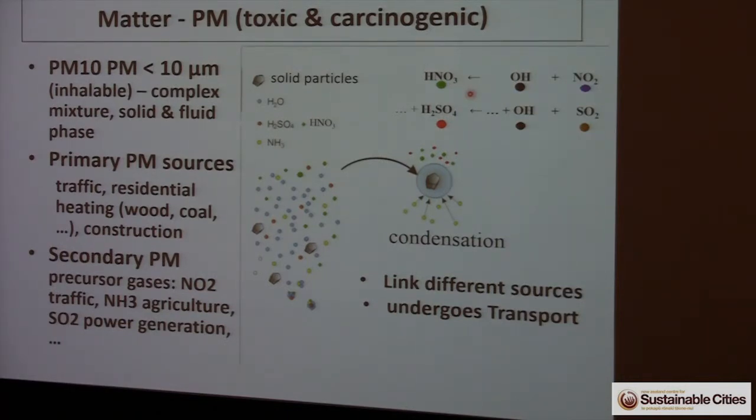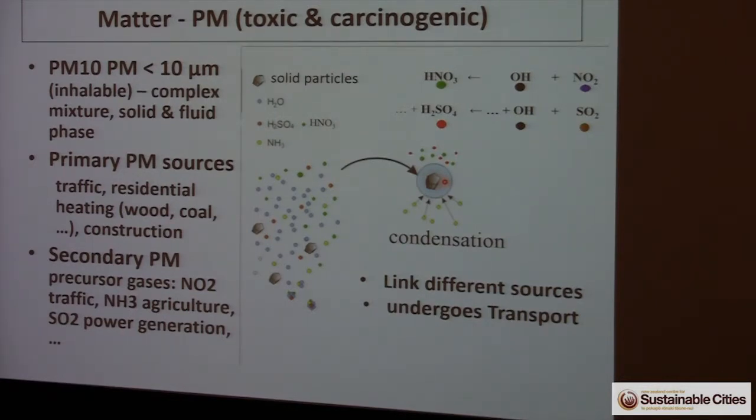These strong acids, here nitric acid for instance, can react with ammonia from agriculture, and those two components can then condense to a liquid phase or a solid phase on existing particles, the primary sources. And this is a very important process since it links different sources and it undergoes transport over large distances.